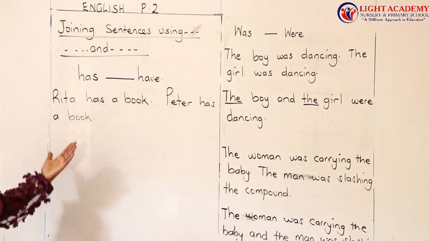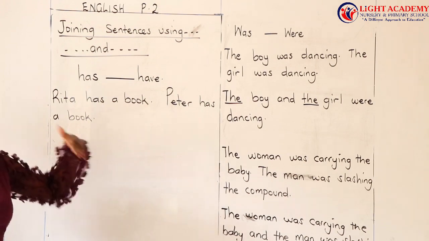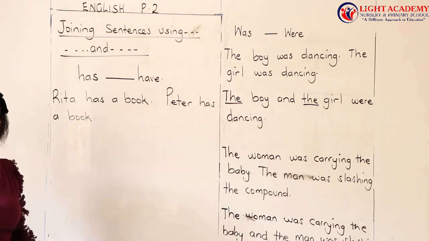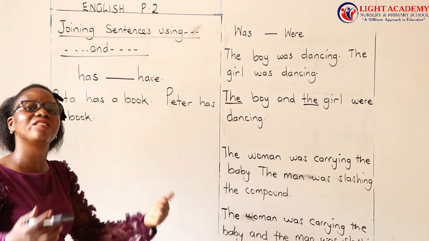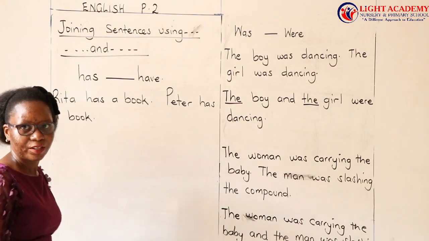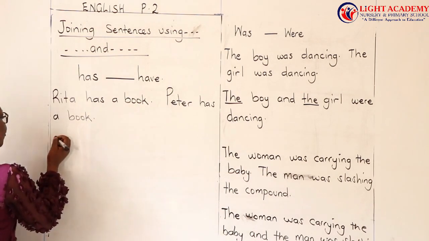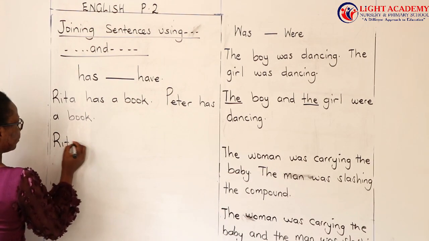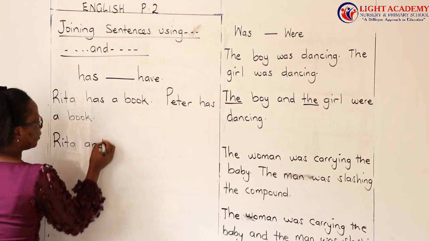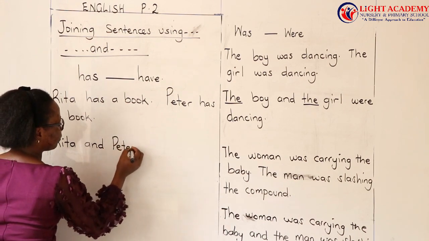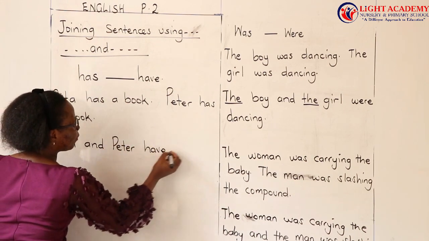Of course, I cannot say Rita has a book and Peter has a book. Fine, the sentence may seem correct, but it is repetition. So what do I do? Of course, I have to say Rita and Peter have books.